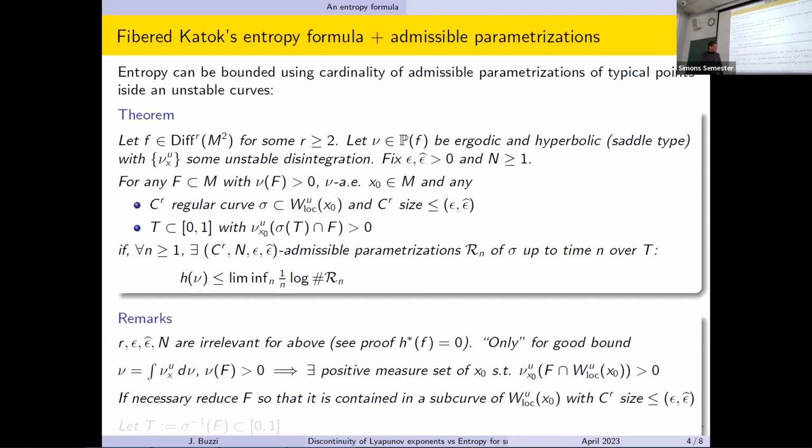So if the norm is big, we don't care. We just take a small piece that meets the set F with positive measure, and achieve the bound by epsilon hat this way. So there is no problem in applying this. Okay, so that's the game.